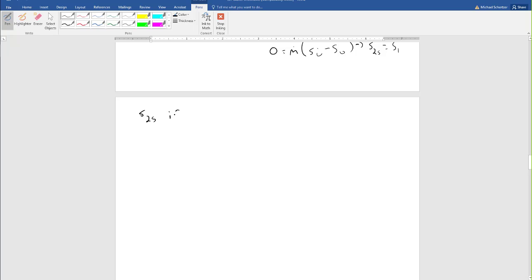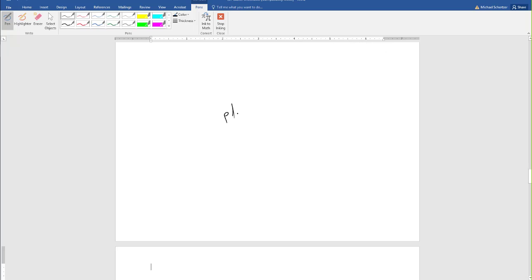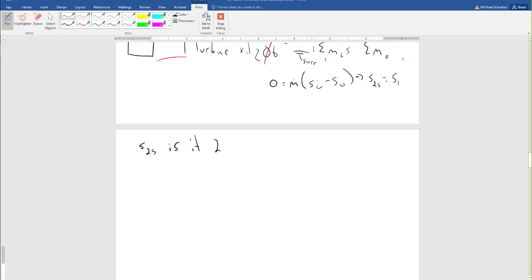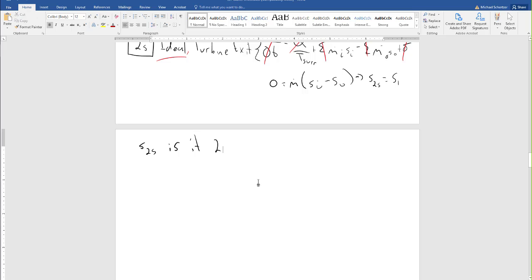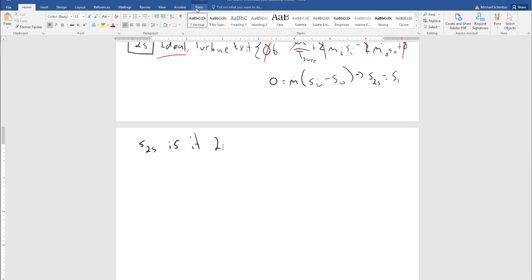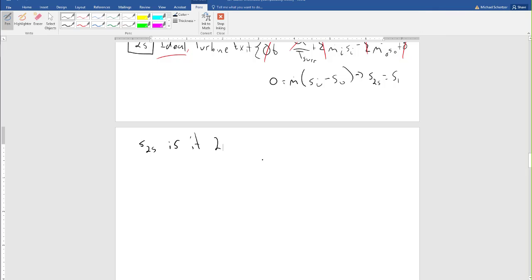Is it two-phase, or superheated vapor? How do I do that? So I've got to look at P2S, right?